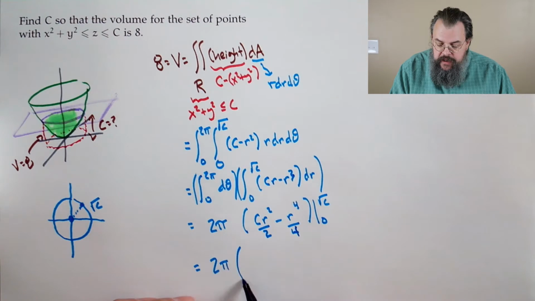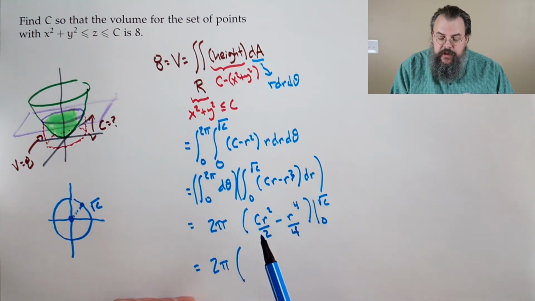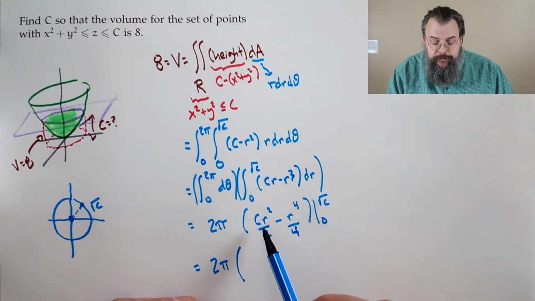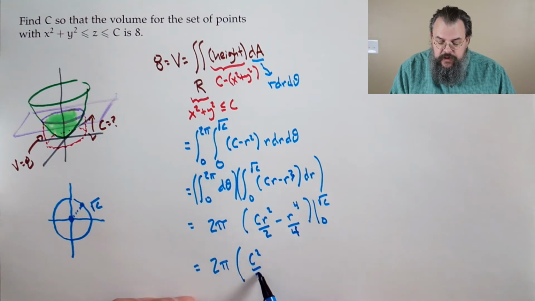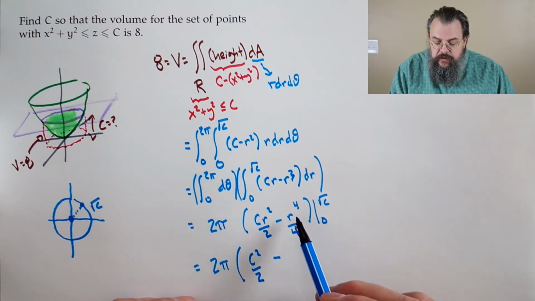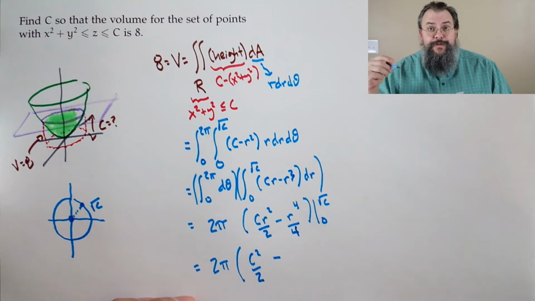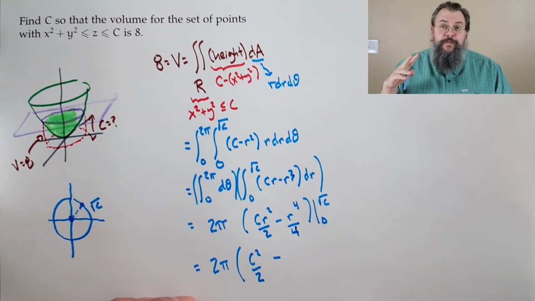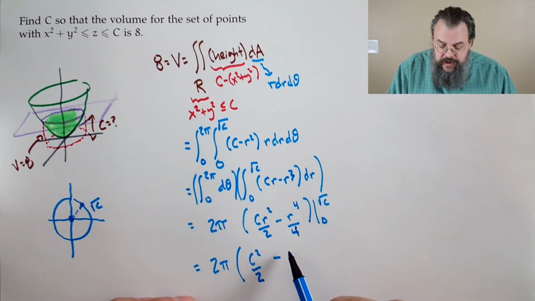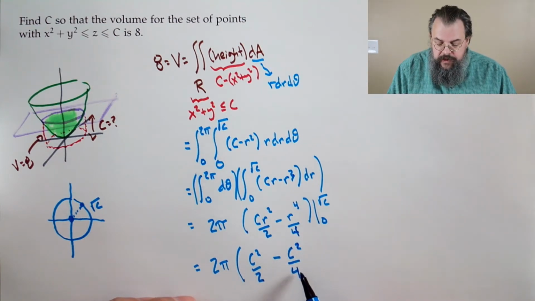So we have 2 pi. Now when we plug in the square root of c, we'll get c times c. So c squared over 2. And then here, square root of c times square root of c times square root of c times square root of c. Well, you can tidy things up. So we really end up with c times c, or c squared over 4.